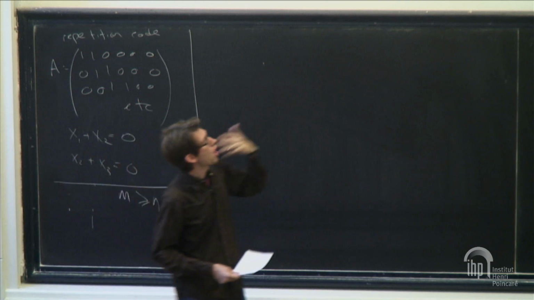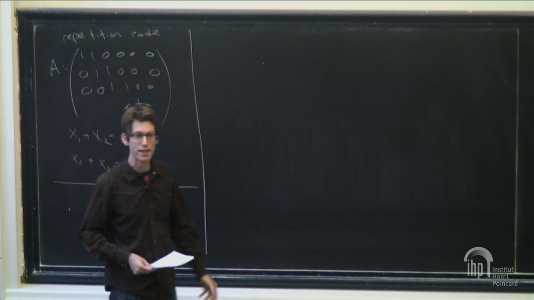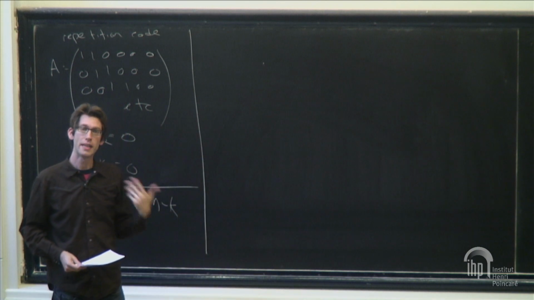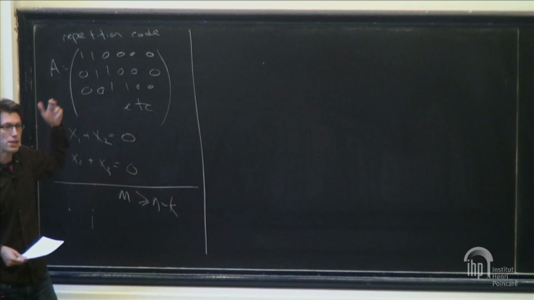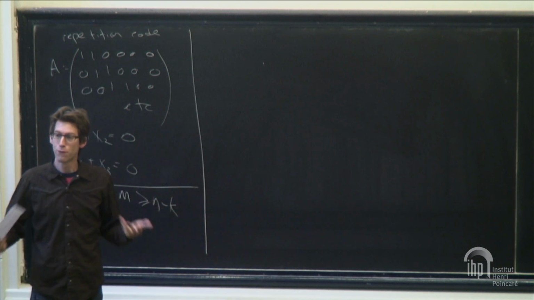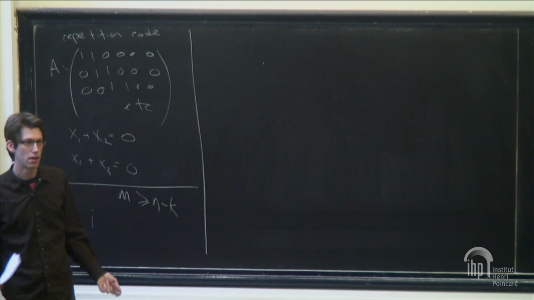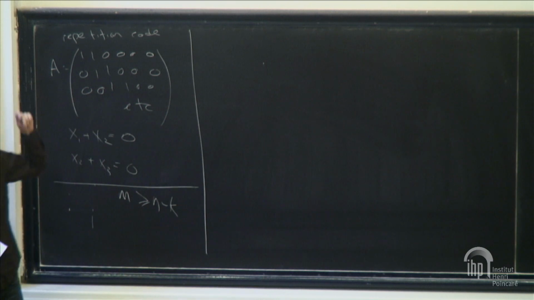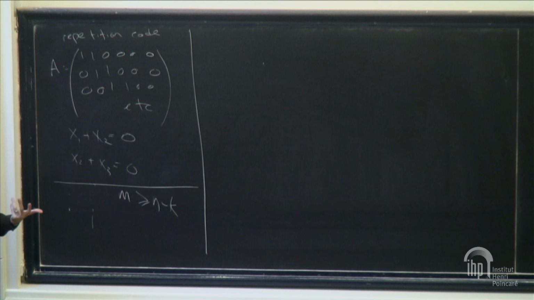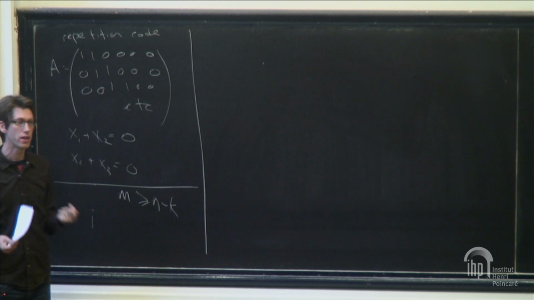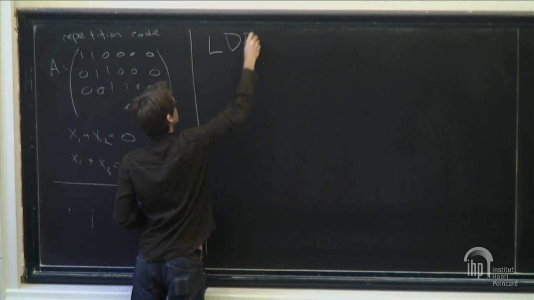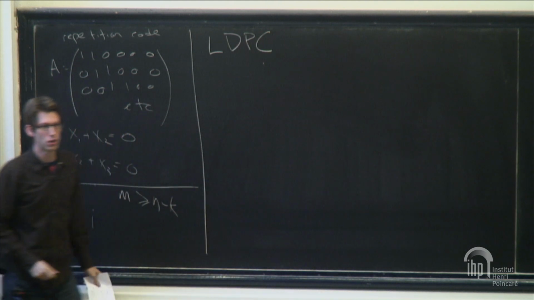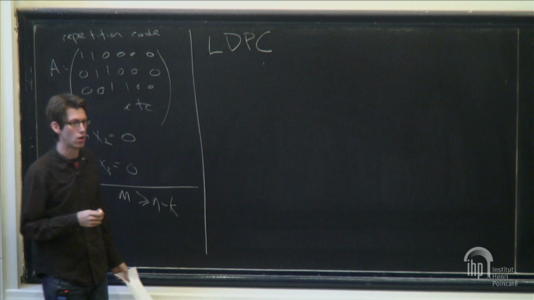In order to make codes practical, it's helpful to have them be linear. But there are even more features that are often desirable. One of them is that to perform these checks, we would prefer not to examine too many bits. If each check only has to look at a constant number of bits, that would make the decoding more efficient. This is called, there's going to be a lot of acronyms, a low density parity check code.